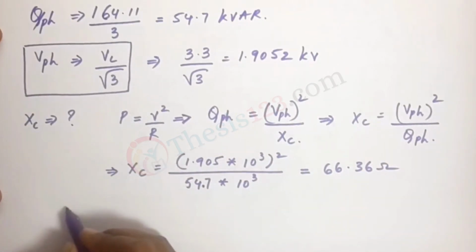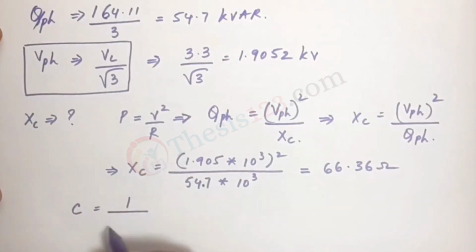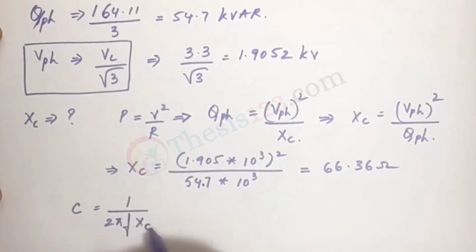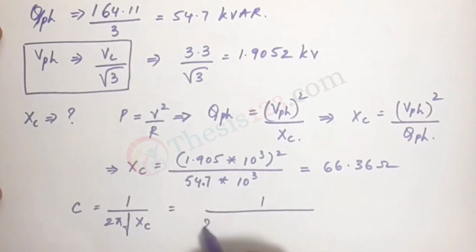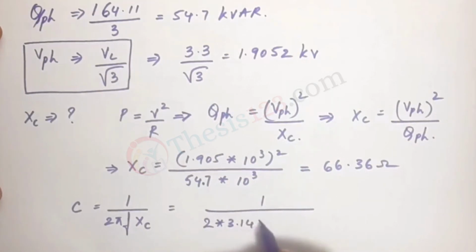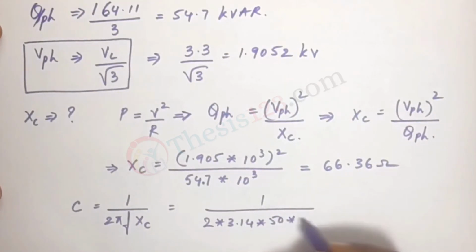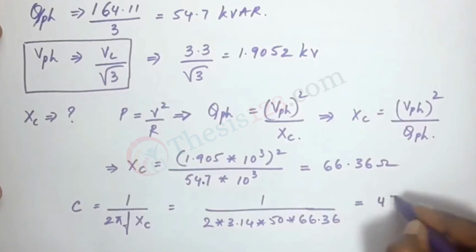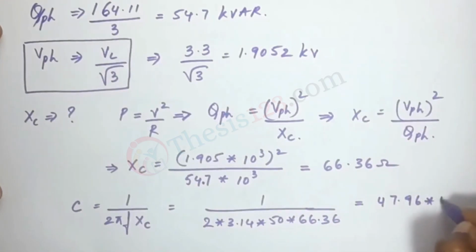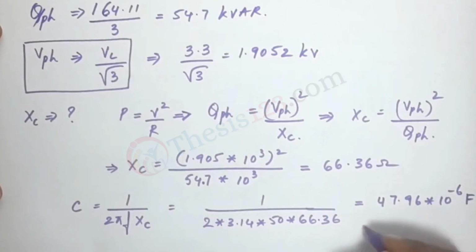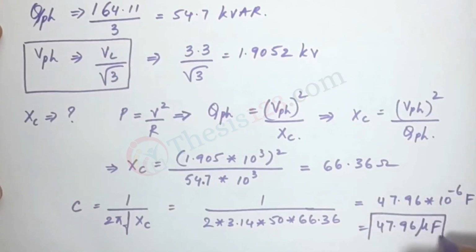Now finally we find the capacitance. C is equal to 1 by 2 pi f XC, which is 1 divided by 2, 3.14, 50, 66.36, and the result will give us, the question says that we need to write it in terms of microfarad, so we get 47.96 into 10 power minus 6 farad, and that is 47.96 microfarad.